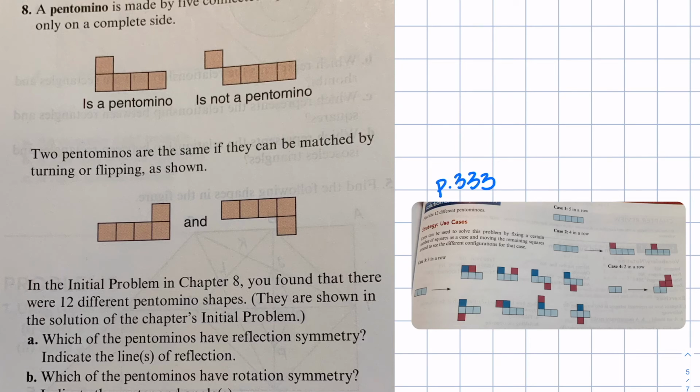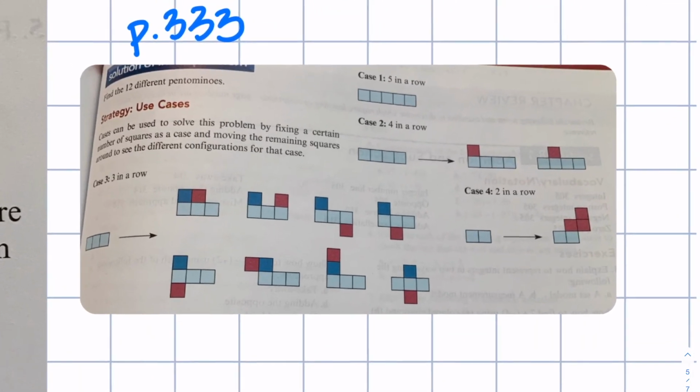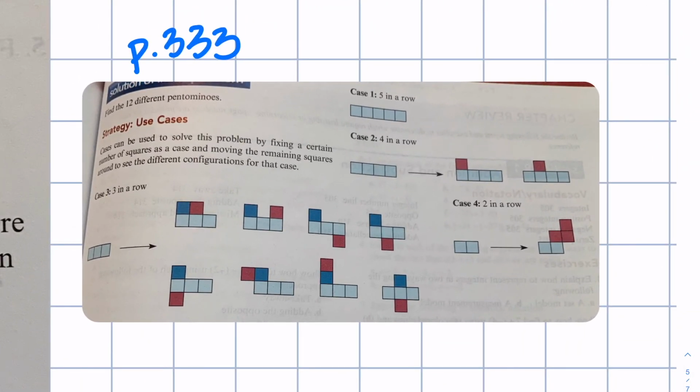Okay, and so this question asks us which of the pentaminos have reflection symmetry and indicate the lines of reflection. And then we wanted to ask about the rotation symmetry. So here I'll circle what, so the different pentaminos, this is kind of confusing how they worded the answer, so I also wanted to look at that.